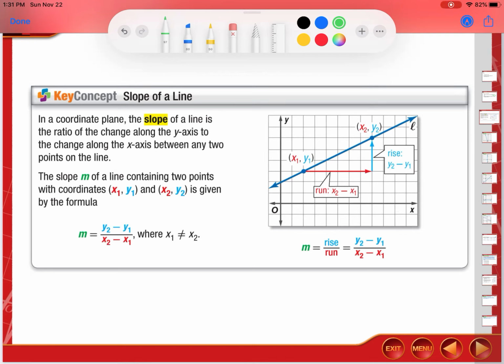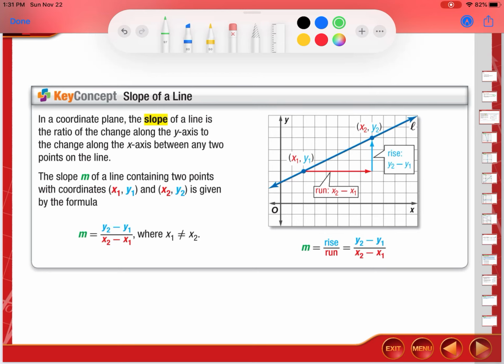It's one of those random math letters that I don't know where they got it from, but it's always m. The slope of a line containing 2 points with coordinates x1, y1, and x2, y2 is given by the formula m equals y2 minus y1 over x2 minus x1, where x1 does not equal x2.